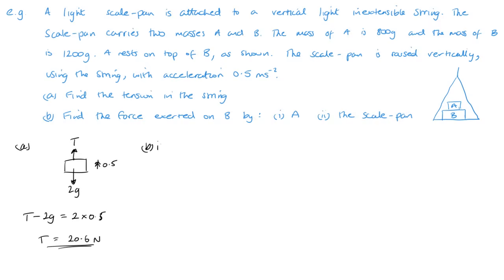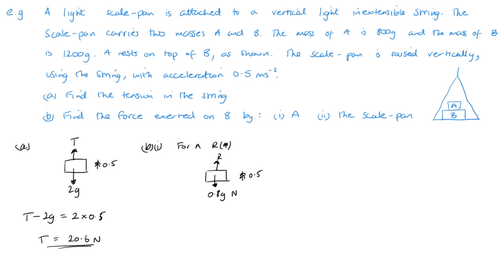Now, B part 1, we want to find the force exerted on B by A. For that, we're going to resolve vertically. So think of A, and A has a downward force of 0.8 kilograms, so 0.8g newtons, and then a reaction, and acceleration of 0.5.